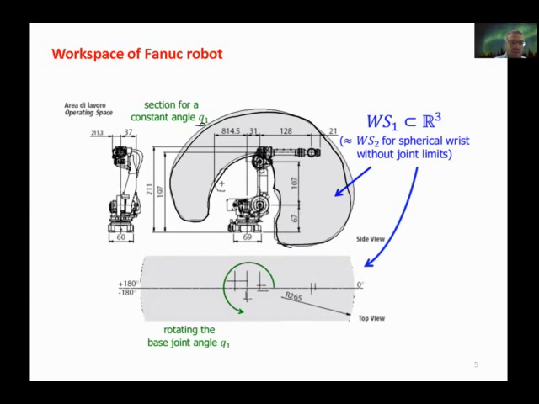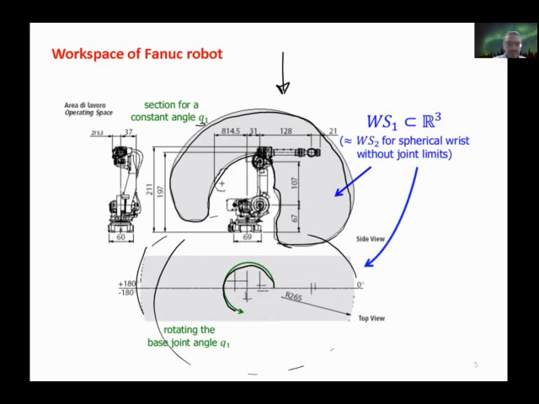If you view it from this side, you can see that the workspace is the whole sphere, because you can move the joint Q1 along all the circle.